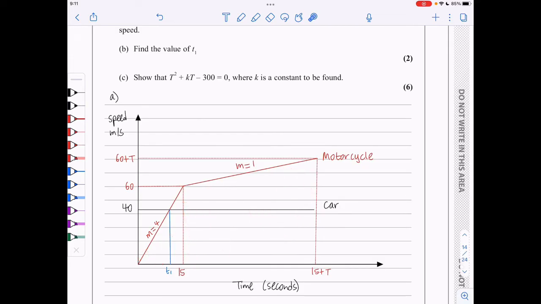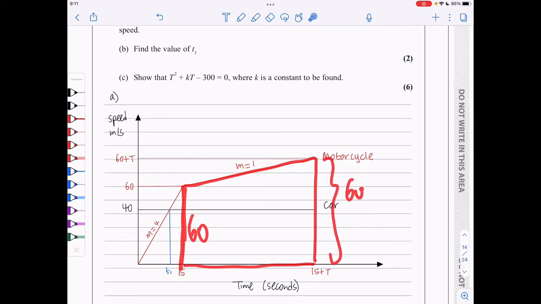For the car, it's easy. It's a rectangle of width 15 plus T and height 40. And for the motorcycle, I could treat it as a triangle and then a trapezium. A trapezium having base 1 of 60, base 2 of 60 plus capital T, and a height of capital T.